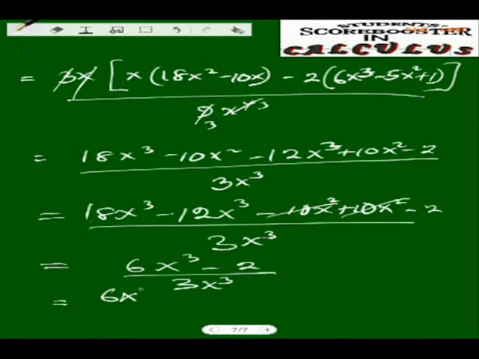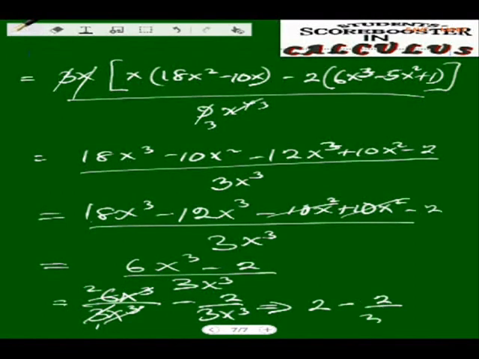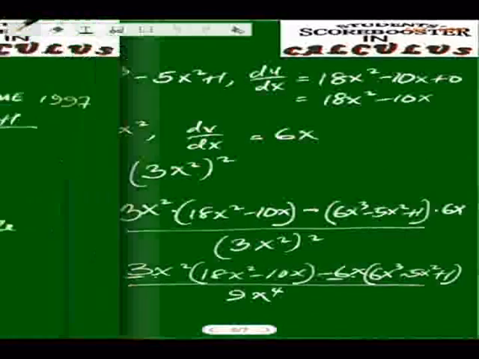So you have 6s cubed over 3s cubed minus 2 over 3s cubed. And what this means is that s cubed will cancel s cubed, 3 here 1, 3 here 2. So you are going to have 2 minus 2 over 3s cubed. So this is one of the options that you are given. Now this is quotient rule.